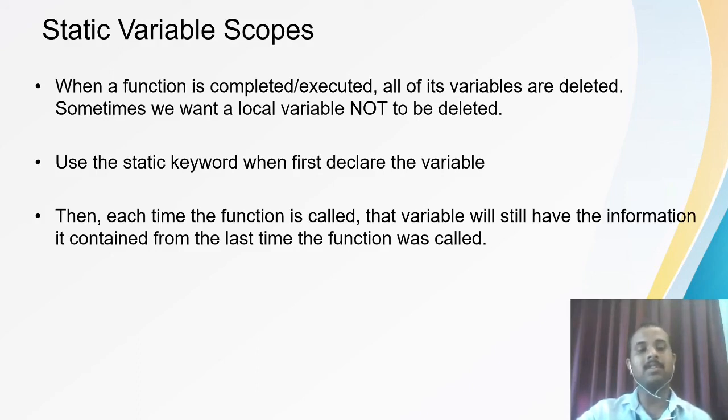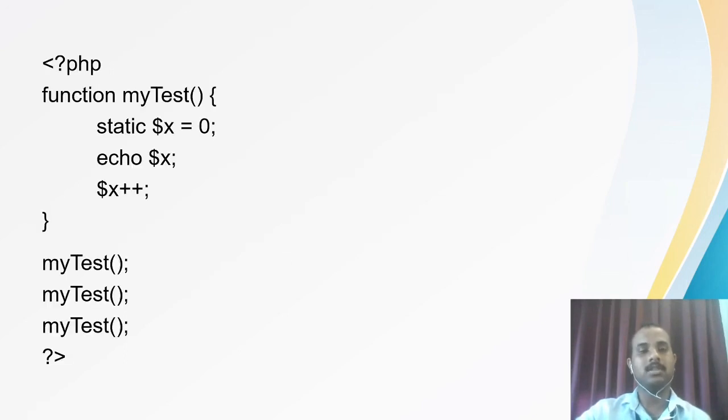That time we are going to use the static keyword, and we will declare the variable as static. So each time the function is called, the variable will still have the information contained from the last time the function was called. It is going to keep the value and it will be static there.